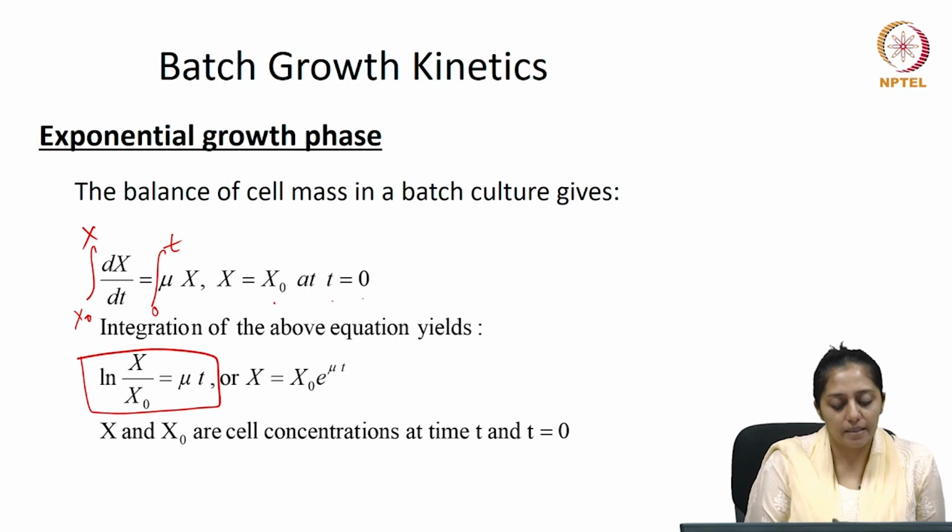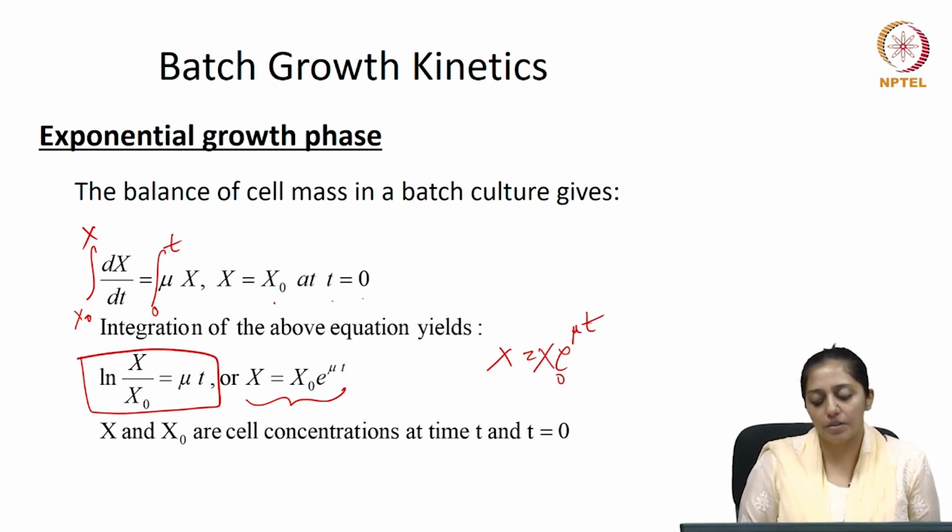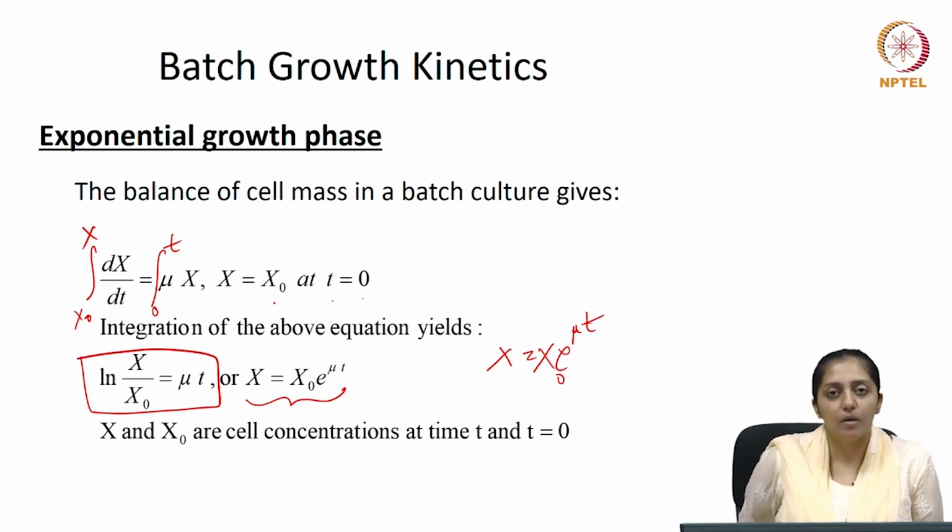It will be ln x by x naught equal to mu times t. Further changing into exponential form, your x becomes an exponential function of time multiplied by the initial concentration. So, this is how in batch growth your biomass concentration will be changing with time if the specific growth rate of the culture is mu.